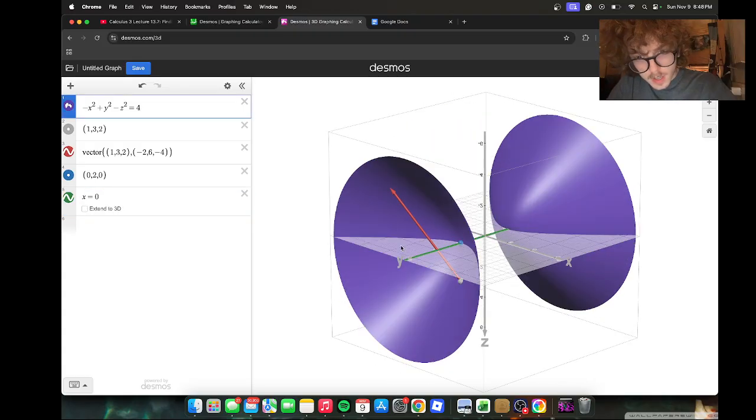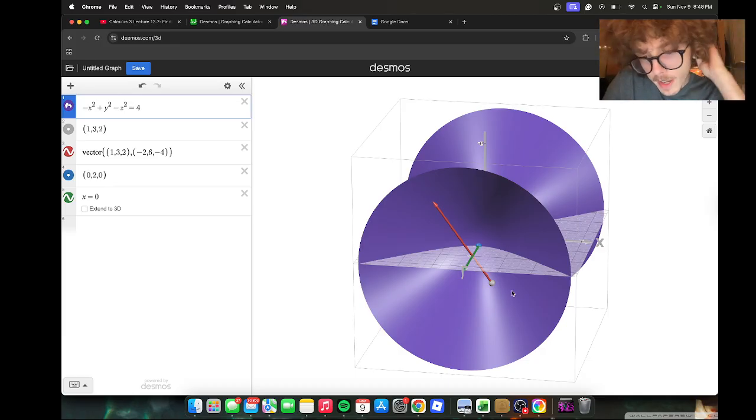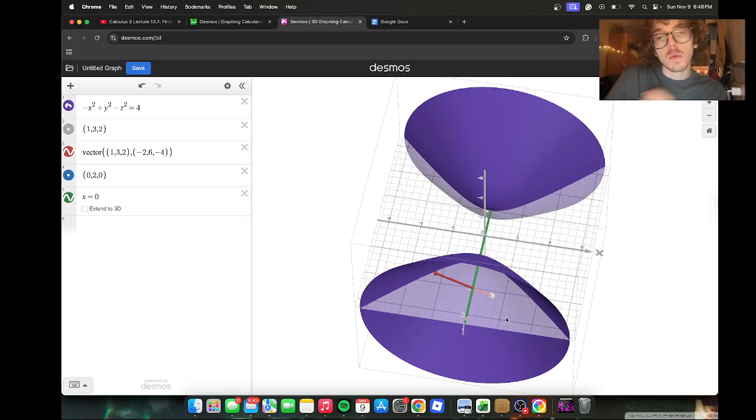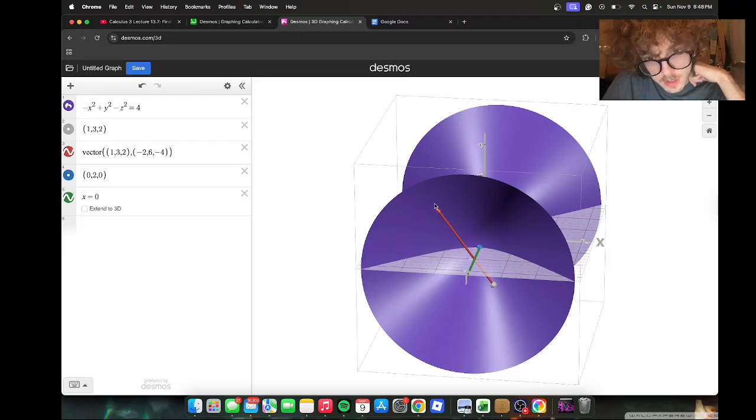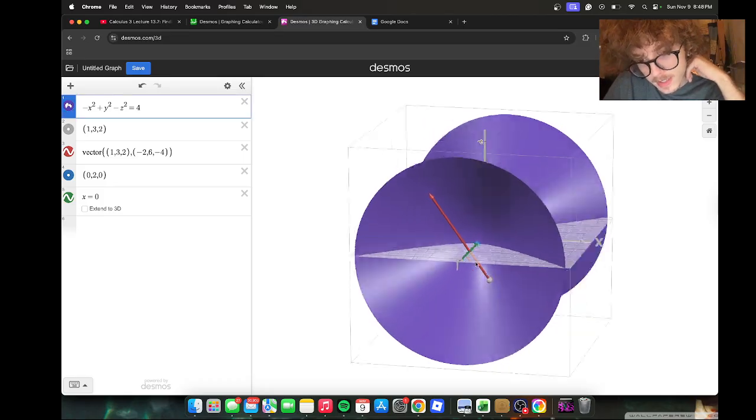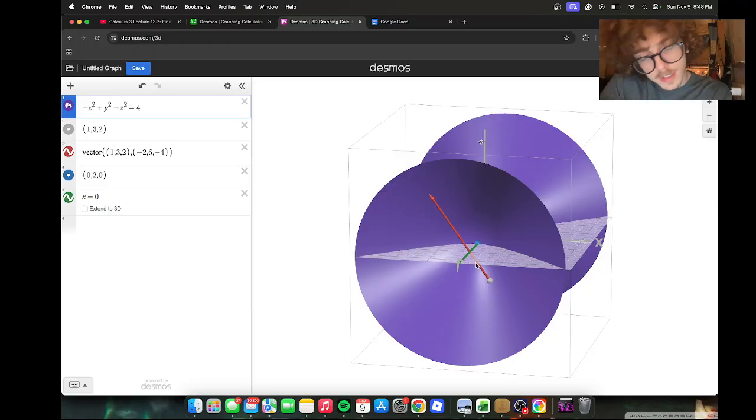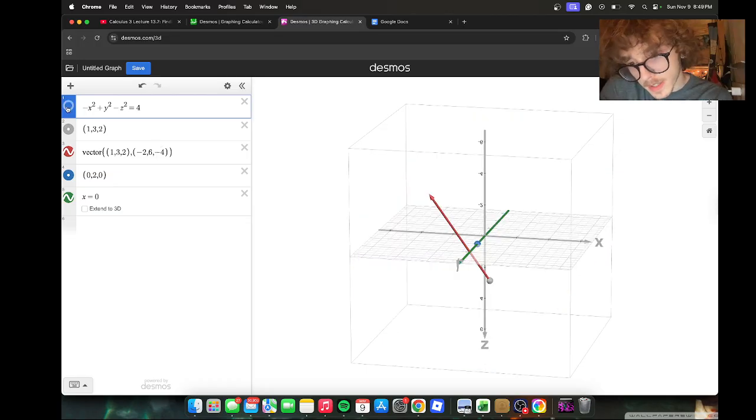Okay, so remember that the gradient at a specific point tells you the way in which you can move to ascend a curve the quickest. And you can see our vector, this red vector from our point 1, 3, 2, is pointing to the center of that two-sheet hyperboloid. Okay, so hopefully it's pretty obvious that that is the steepest way of ascent, right? So this all works out, and it points as such.